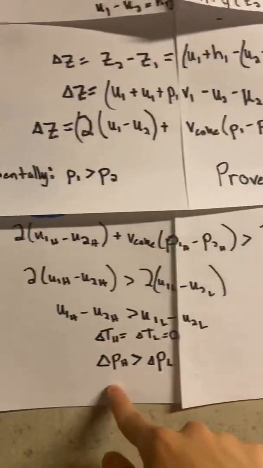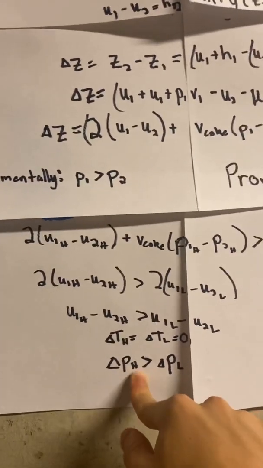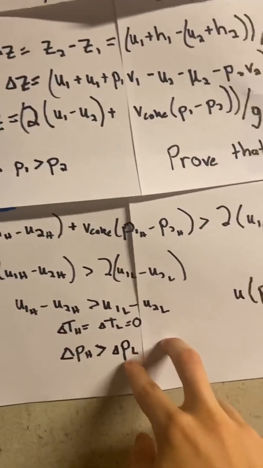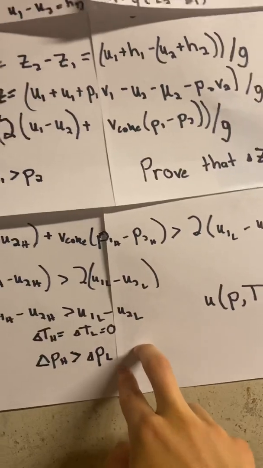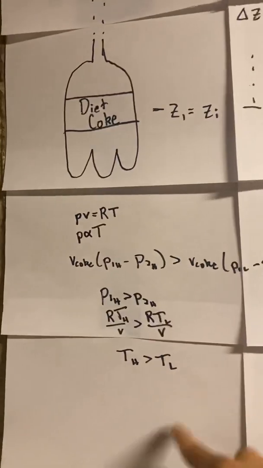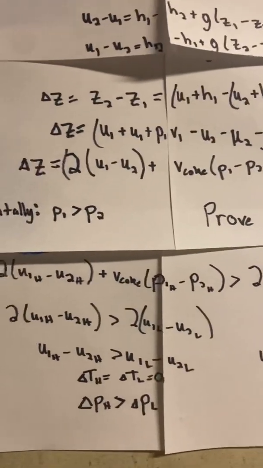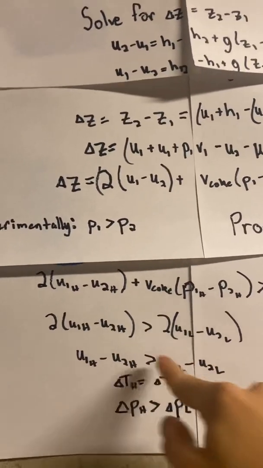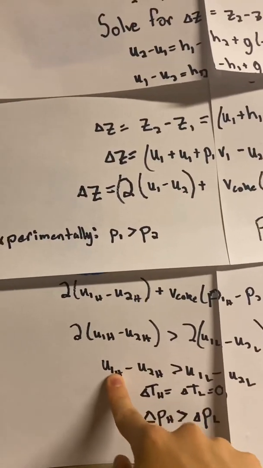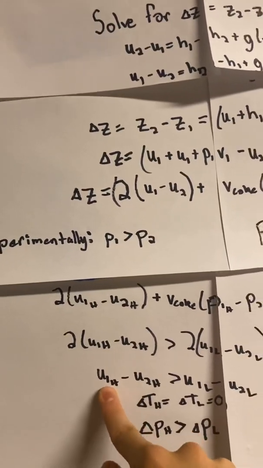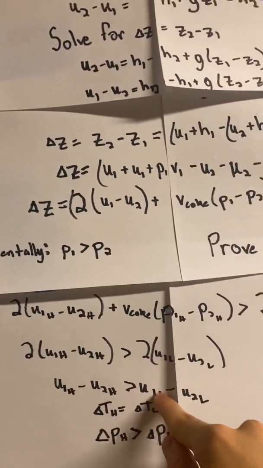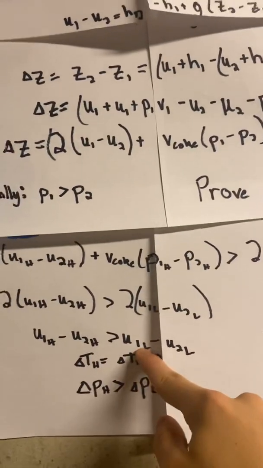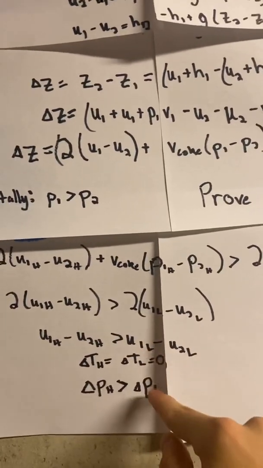But then we look at the change in the pressures. Well, the change in the pressure for H is going to be higher than the change in pressure of L, which is based on this fact over here that we already derived, because the U sub 2's are at atmospheric pressure, and the U sub 1 here is at a higher temperature, which means a higher pressure, and that U sub 1 L is at a lower temperature, which means a lower pressure.